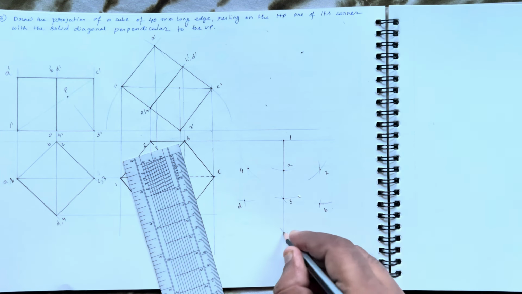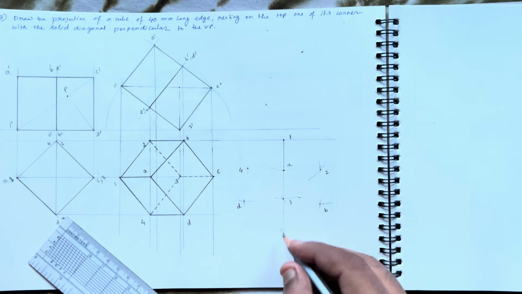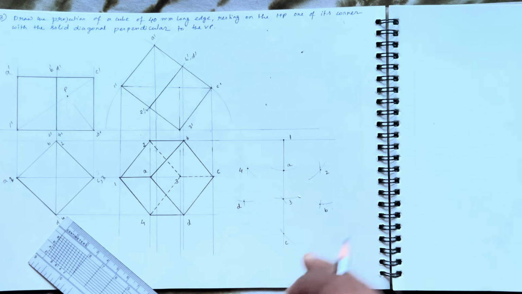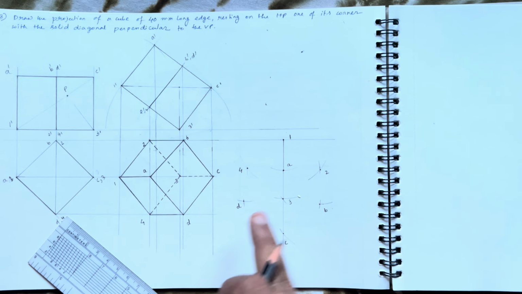So this is your point C. So A, B, C, D we get, and 1, 2, 3, 4 we get.